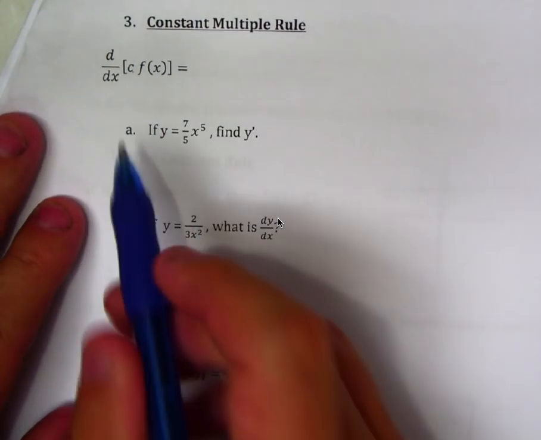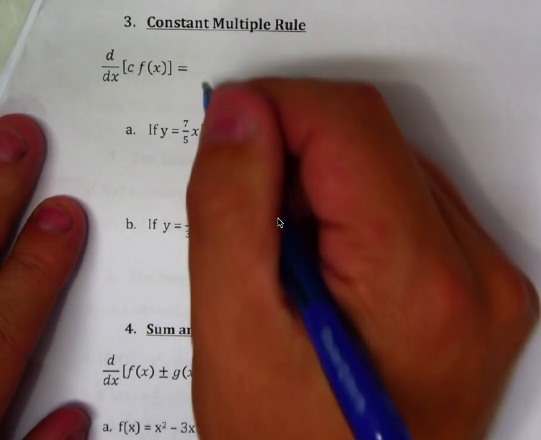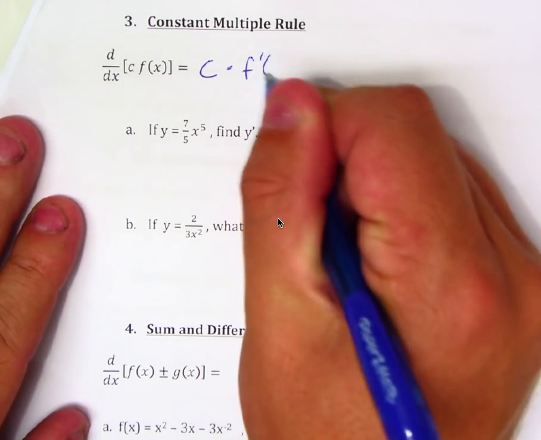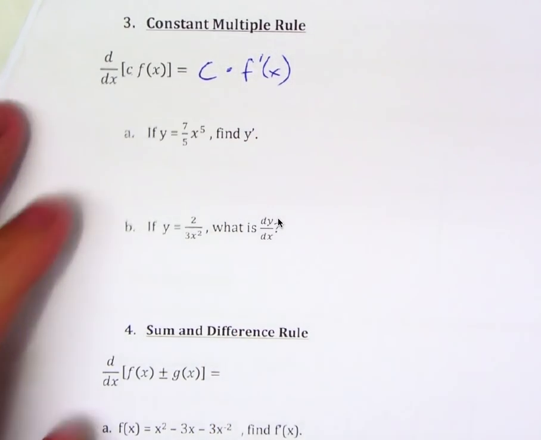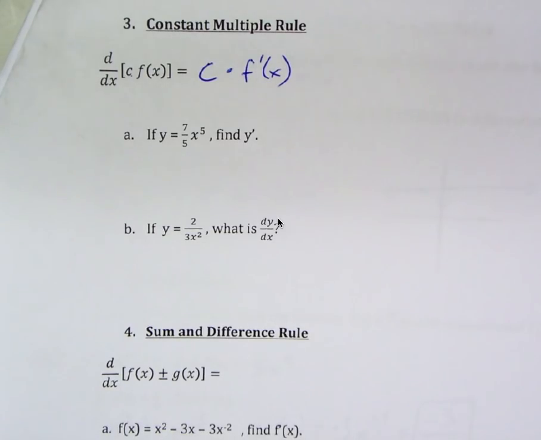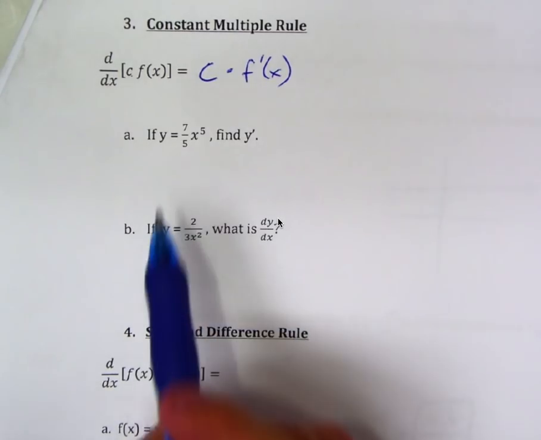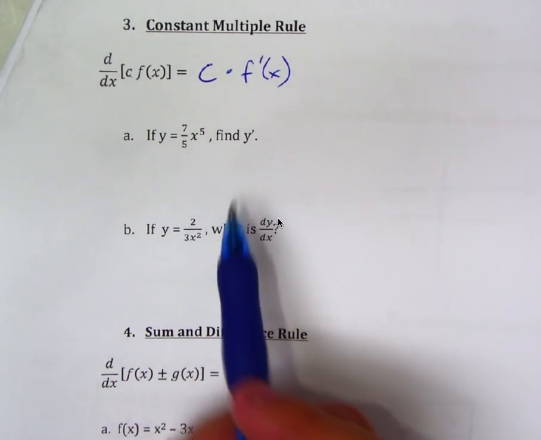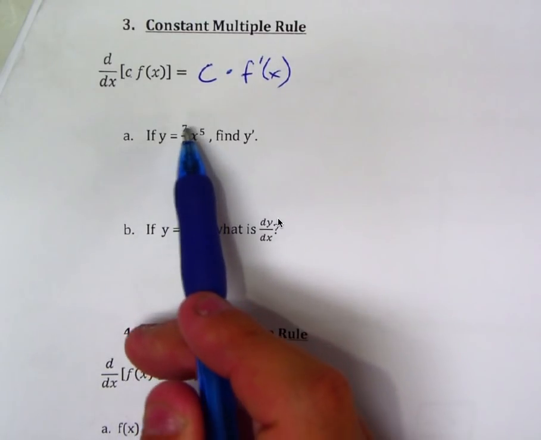Then you could take the constant and multiply it by the derivative of the function. So here's what that means. If y equals 7/5 x to the 5th, and we want to find y prime, well, we have a constant here, right? 7/5.